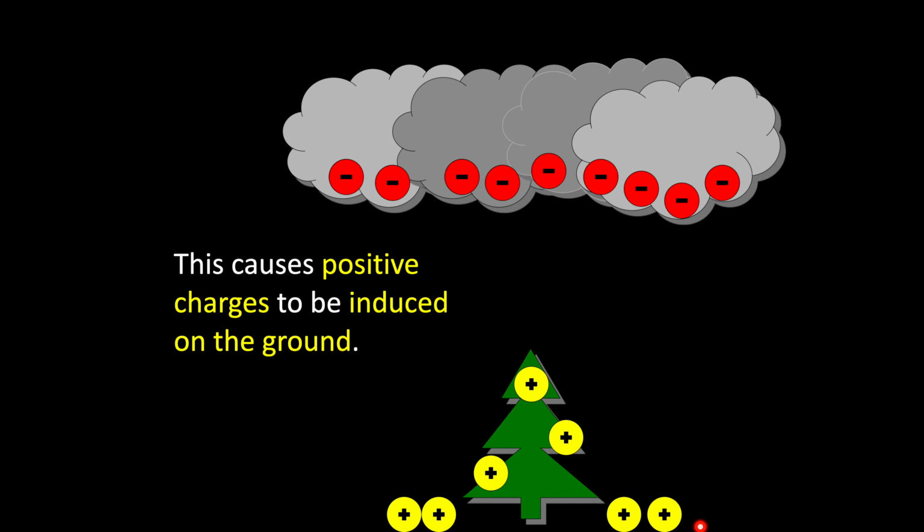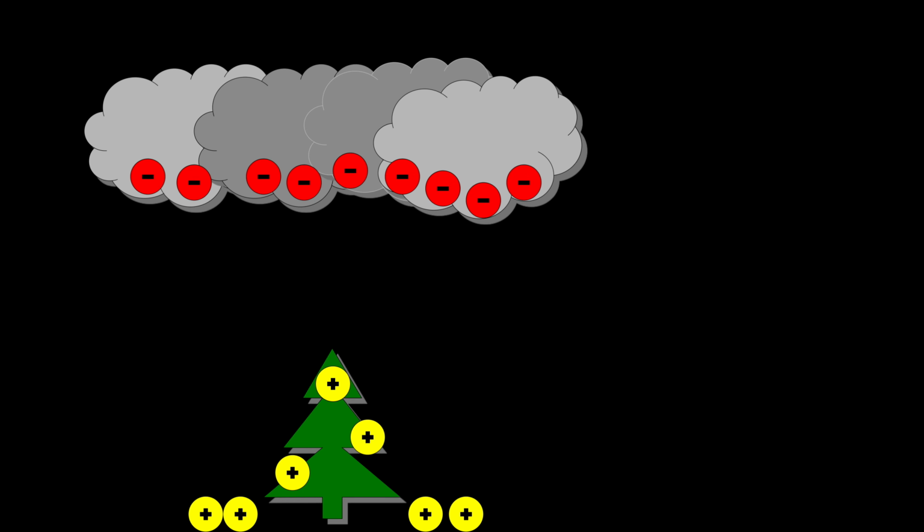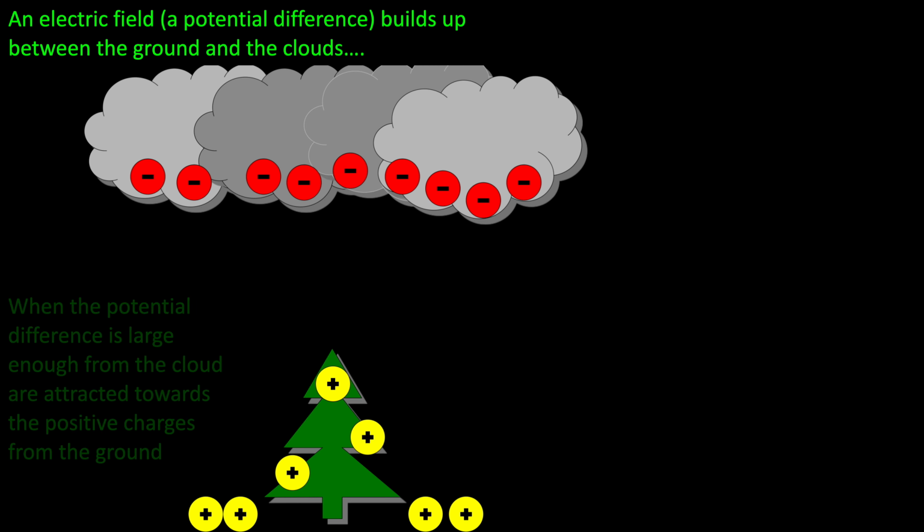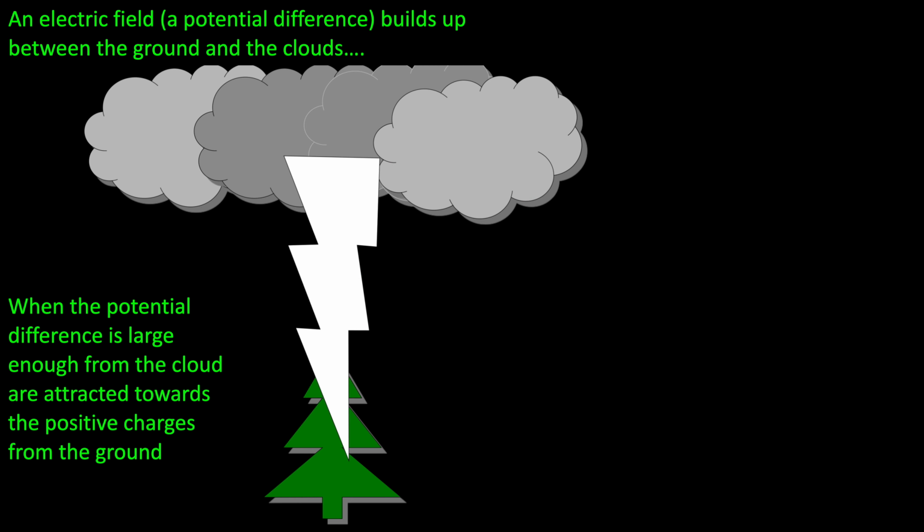The induced positive charge on the ground creates an electric field. It's attracted to the electrons in the cloud. When this electric field, when this attraction is large enough, we get lightning, like so.